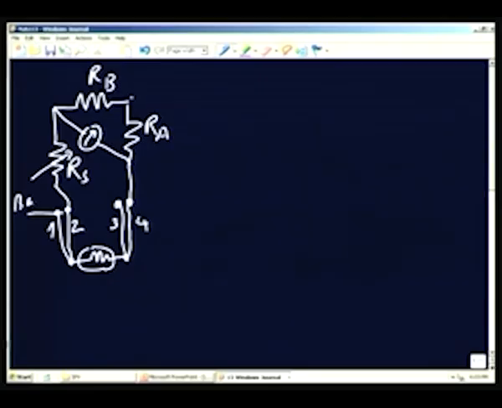And this corner is also connected to the battery as we have seen earlier. This goes to the battery, I have already indicated earlier, this corner and this to the battery.